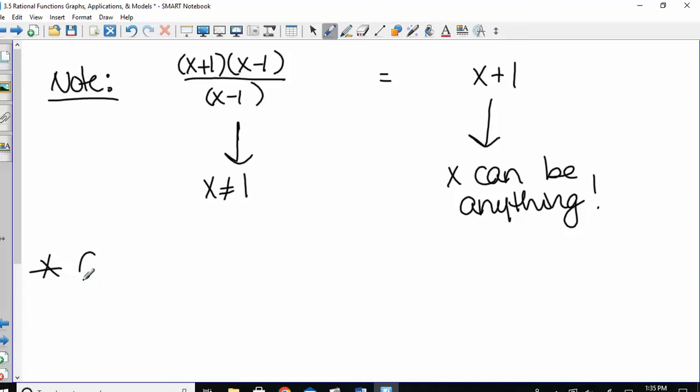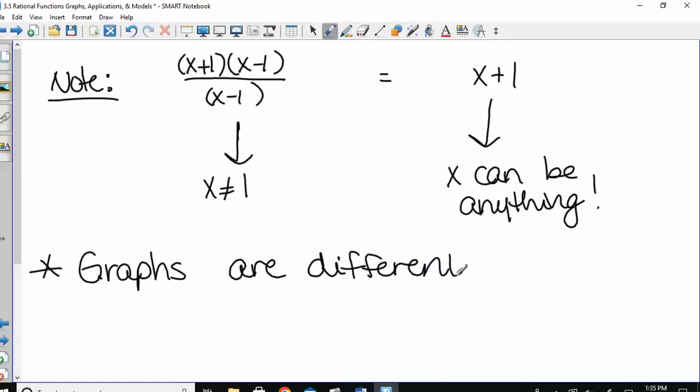So, on these, the graphs are different because the domains are different.